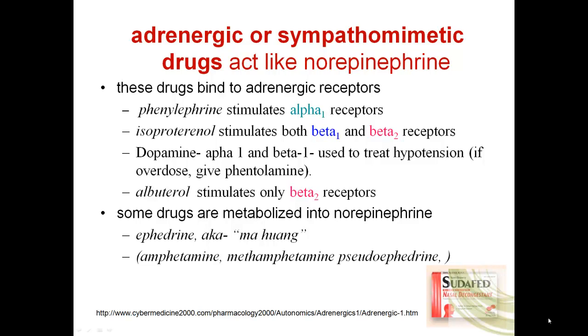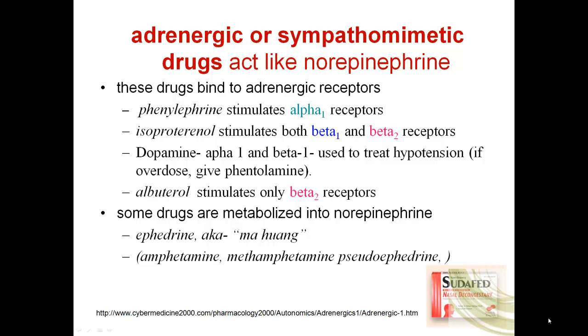Now, the old formula, like I said, the pseudoephedrine, is no longer readily available. You have to go to the pharmacist. It was used by people who are making drugs, methamphetamines. Now, how do those work? How does ma huang work? Ephedrine, amphetamine, methamphetamine.